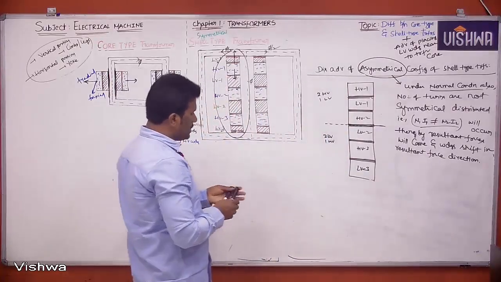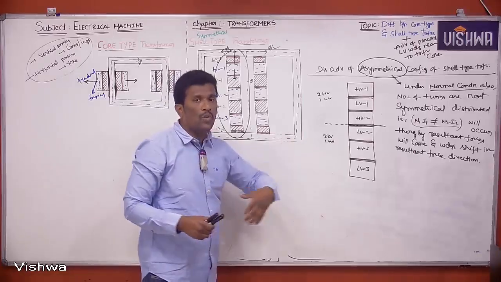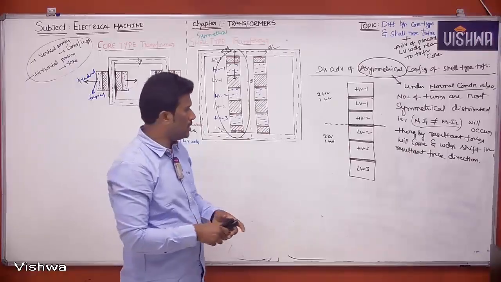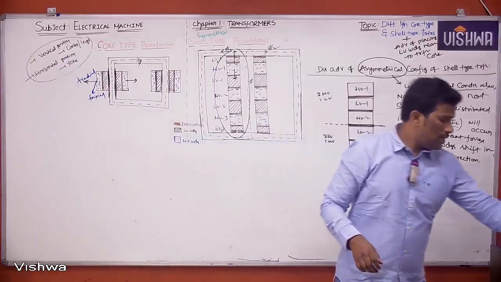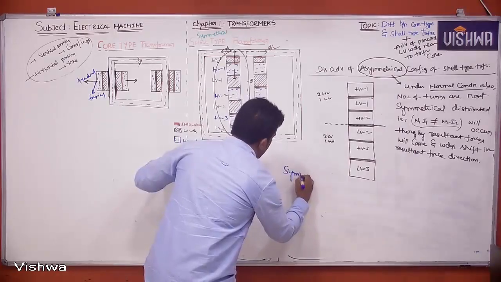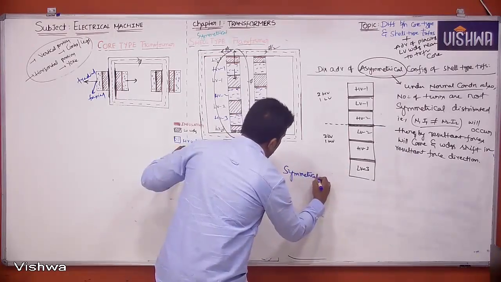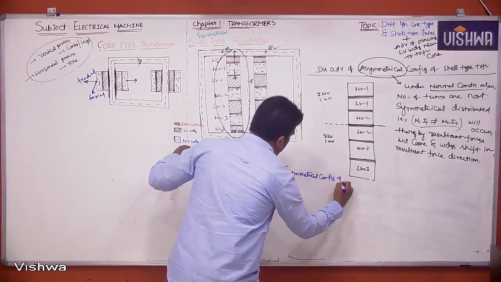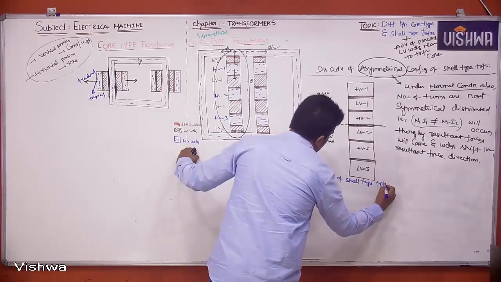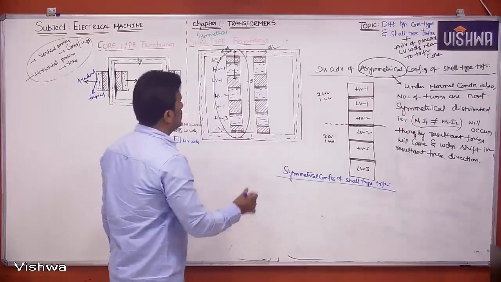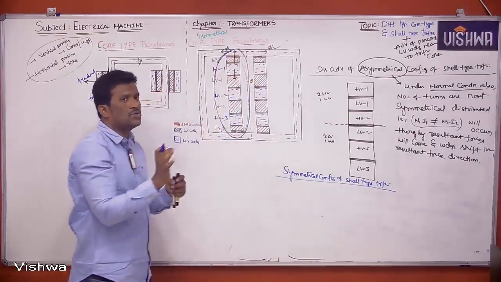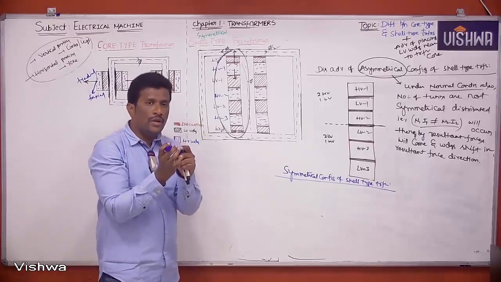Now let me discuss how we are overcoming this problem in the symmetrical configuration of shell type transformer. Symmetrical configuration means very simple: the extreme ends should have half of LV.